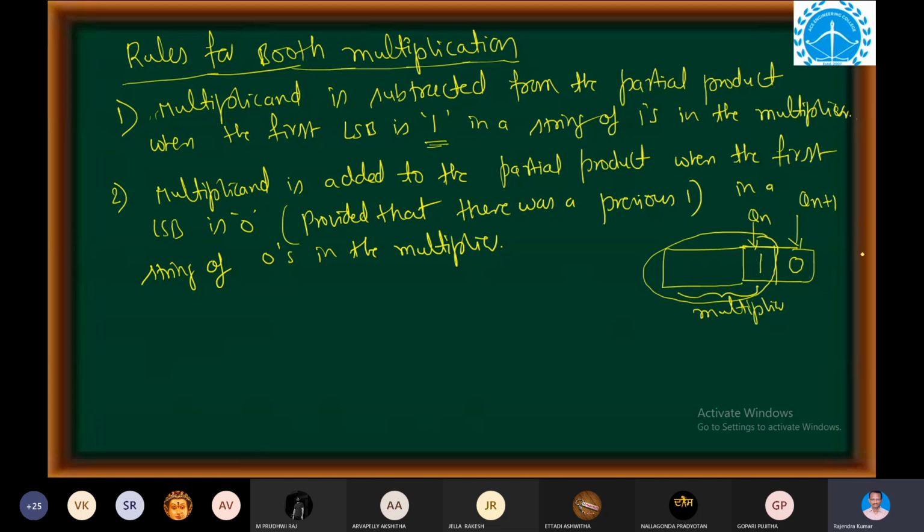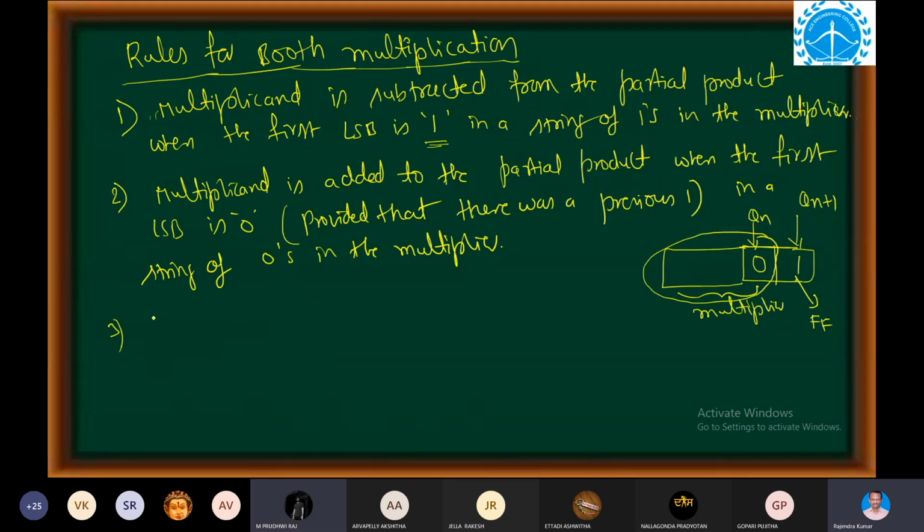After shifting, if this bit is 1 and the other flip-flop, which stores one bit, is 0, we do some addition.